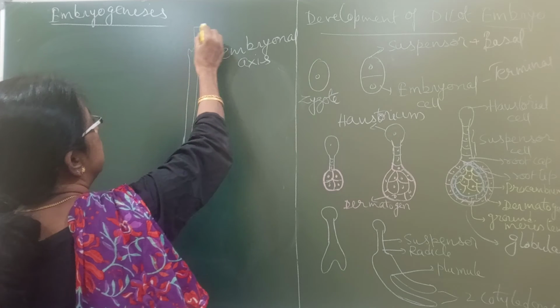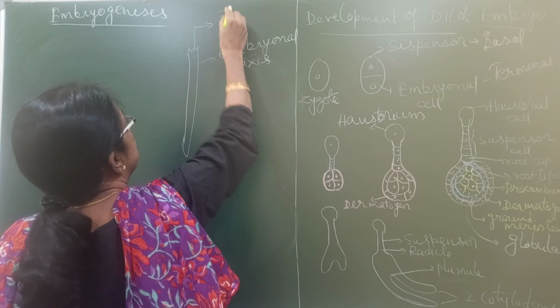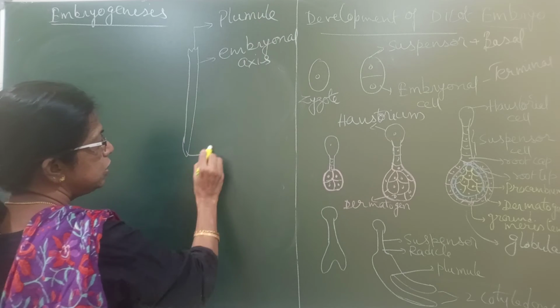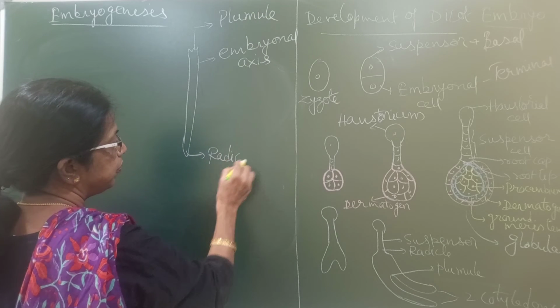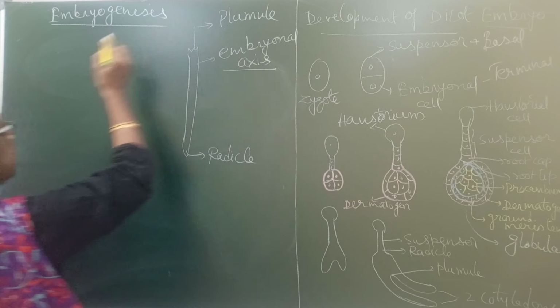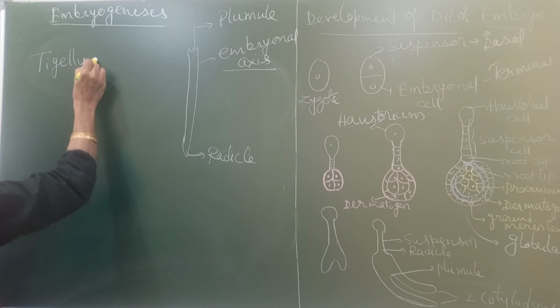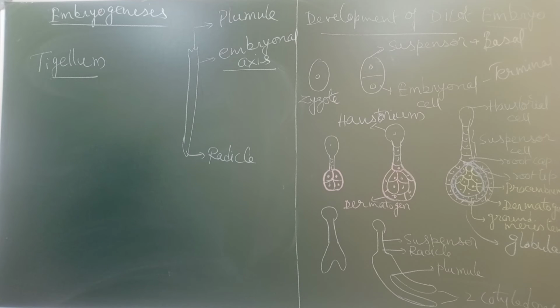At the tip of the embryonal axis is the plumule, and at the base is the radicle. This embryonal axis is also called the tigellum.